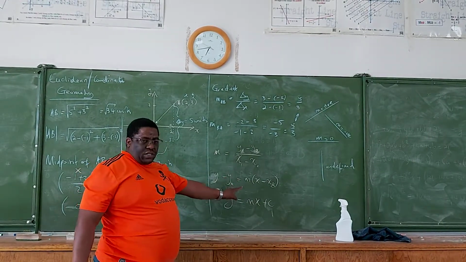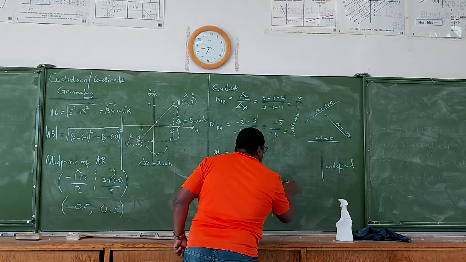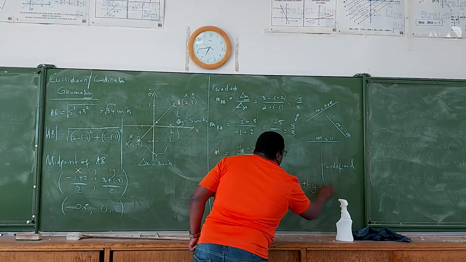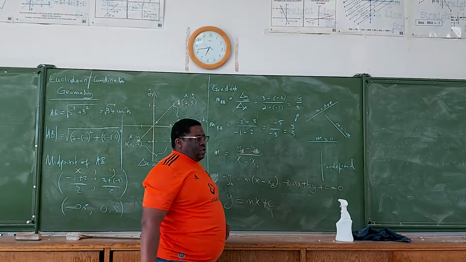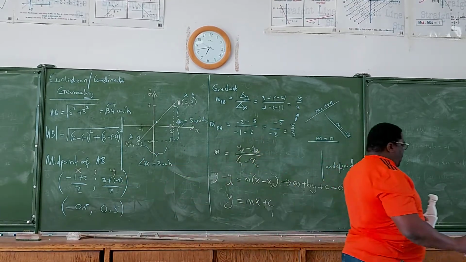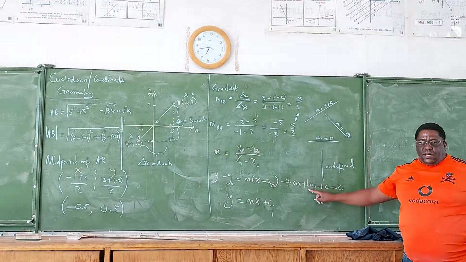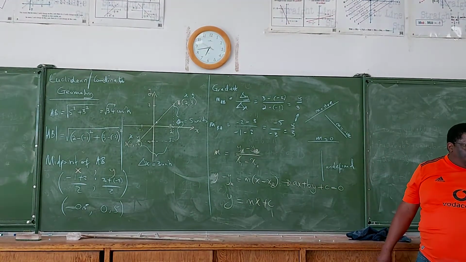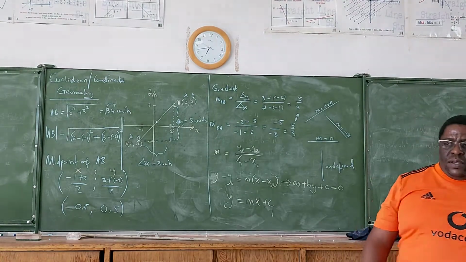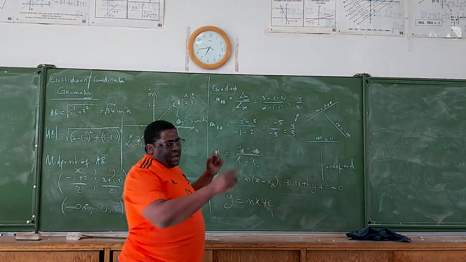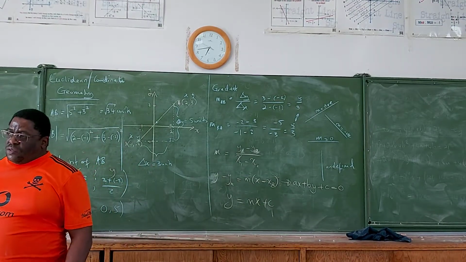This one is particularly interesting when you want to write an equation in the form ax plus by plus c is equal to 0. Because sometimes the requirement might be that you leave the equation in this way where a, b, and c are constants. Okay? They can be whole numbers, negative, whatever the case is. Alright, so this is a wrap up basically of what this whole thing is all about.